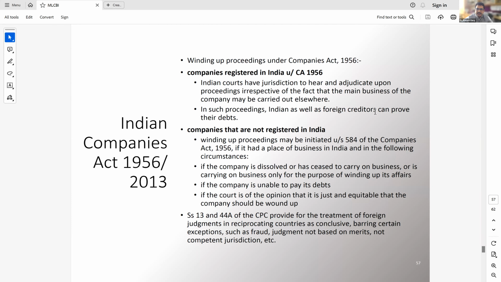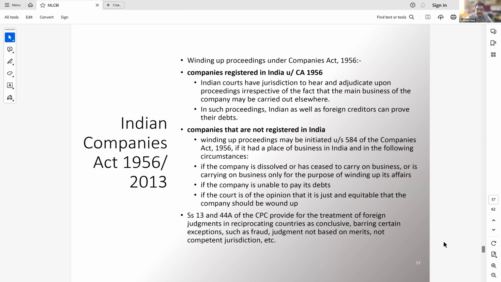For companies that are not registered in India, winding up proceedings may be initiated under Section 584 of the Companies Act of 1956 if it had a place of business in India and in the following circumstances: if the company is dissolved or has ceased to carry on business or is carrying on business only for the purpose of winding up its affairs, if the company is unable to pay its debts, or if the court is of the opinion that it is just and equitable that the company should be wound up.